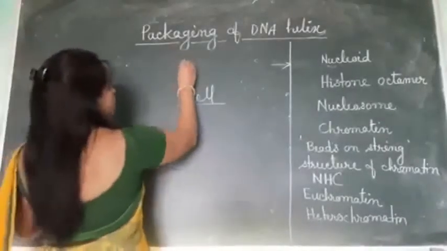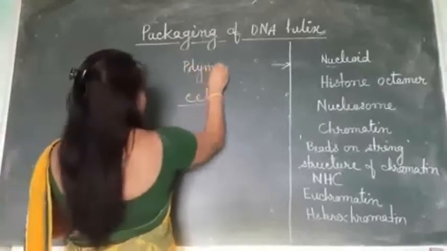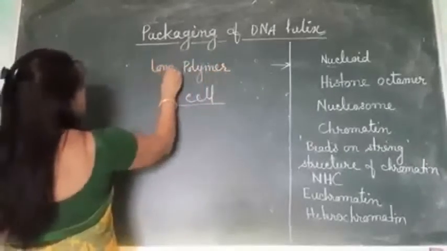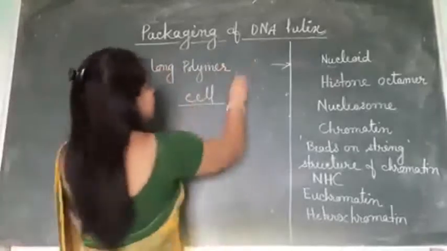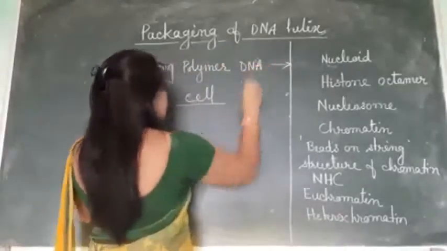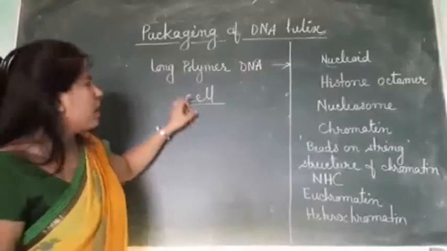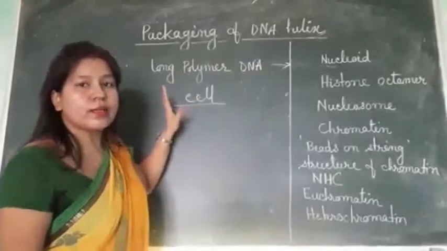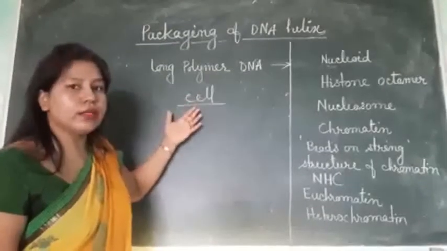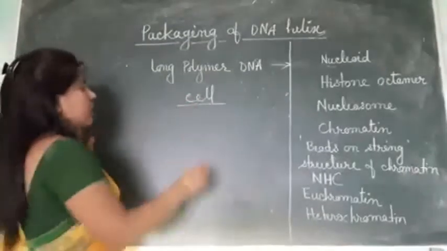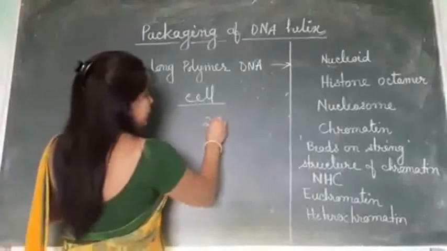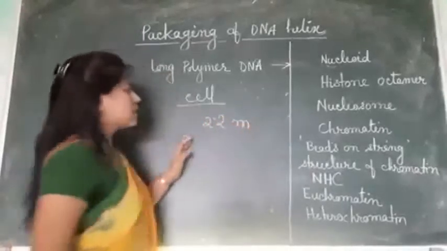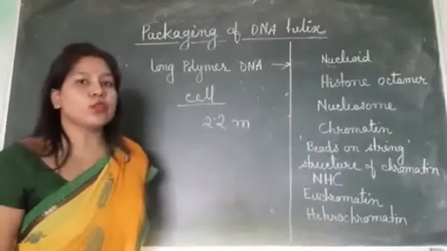So the long polymer DNA remains inside the cell. And cells are microscopic, isn't it? They are not visible with naked eyes, right? In a typical mammalian cell, the length of the DNA helix is almost 2.2 meter.